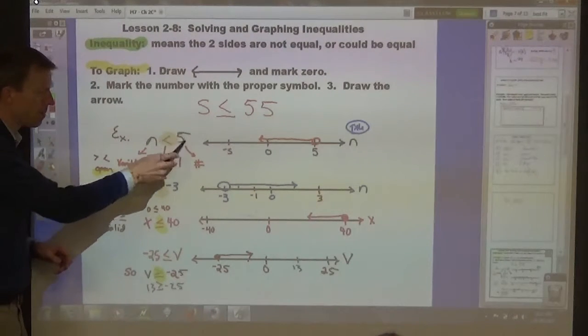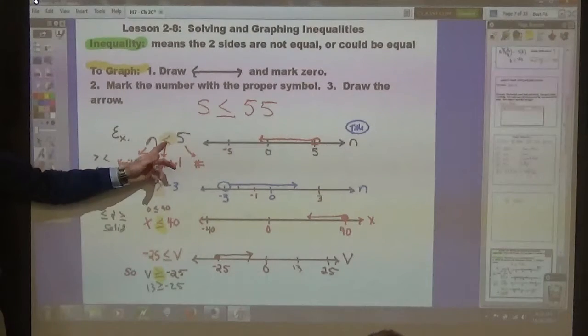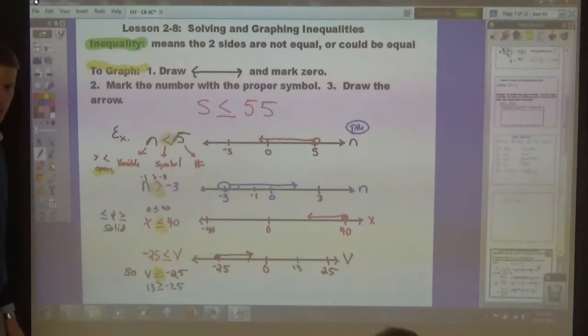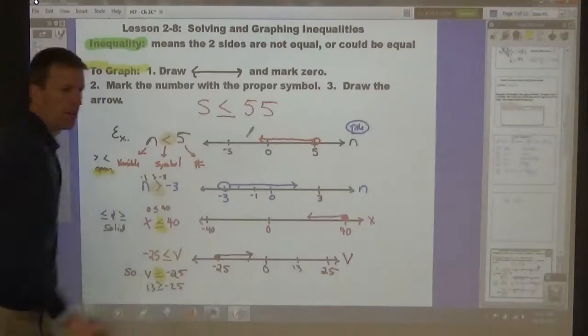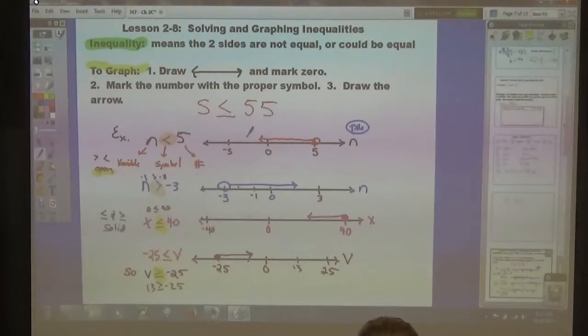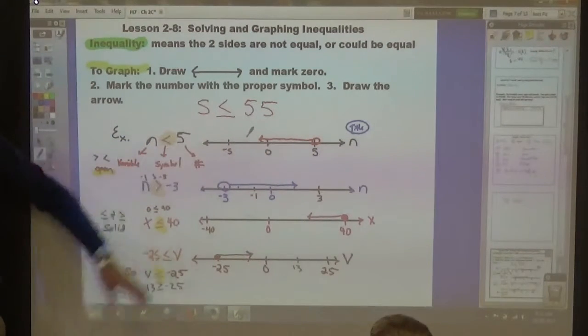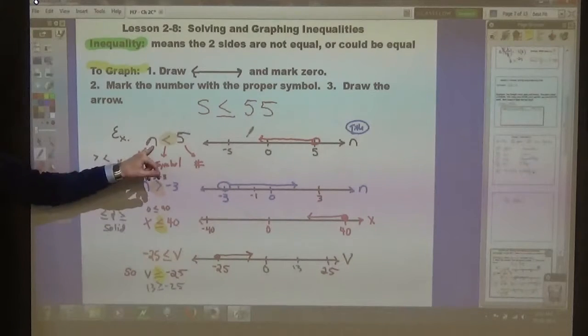The variable comes before the number in the statement. So what we can do in that case is whatever way this is pointing, whatever way the symbol is pointing, you shade that way on the number line. So it's pointing to the left, we shade to the left of the number. Okay? Because this statement is telling us where n is. N is less than 5.